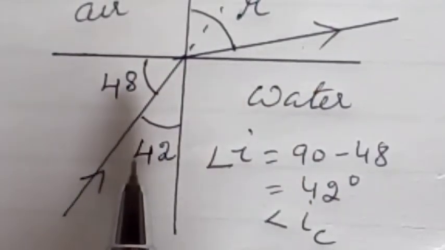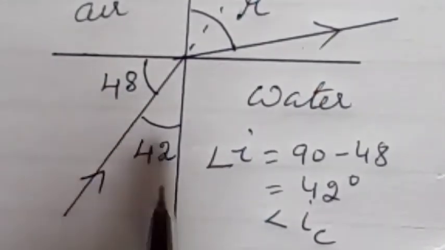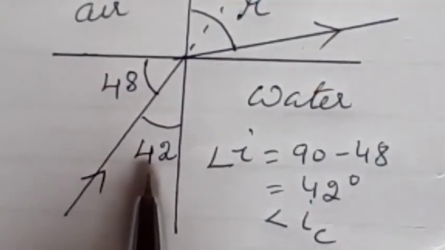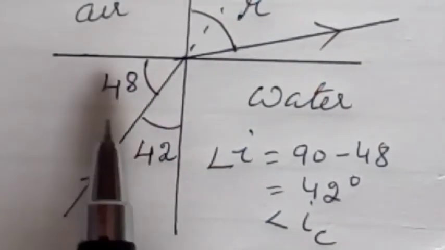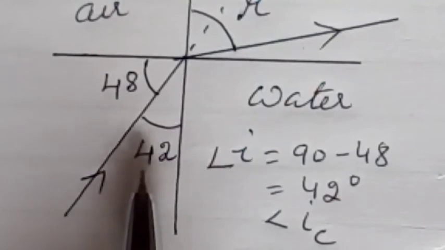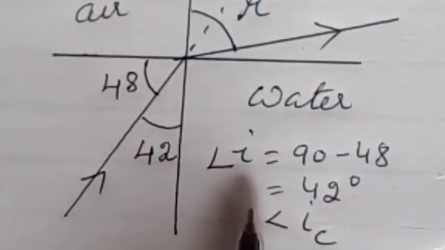We will first calculate the angle of incidence, the angle between the incident ray and the normal. Angle of incidence is 42, it is not 48. Lots of students write that the angle of incidence is 48. No, the angle of incidence we will have to calculate. Angle of incidence is 42 degrees and the critical angle is how much?